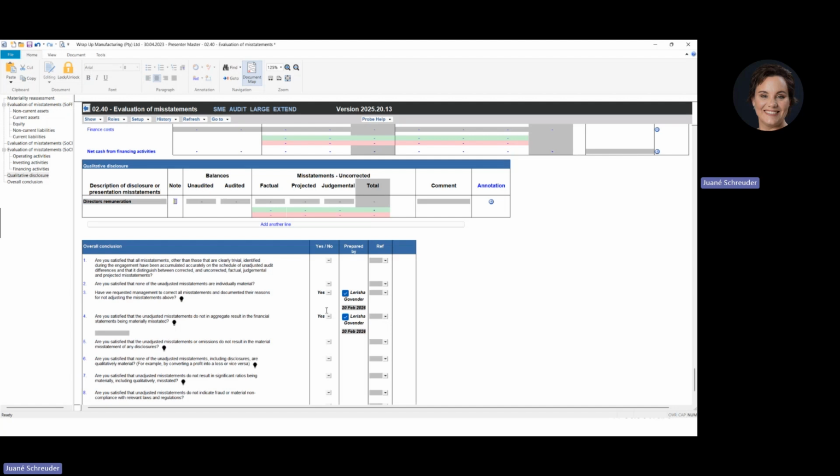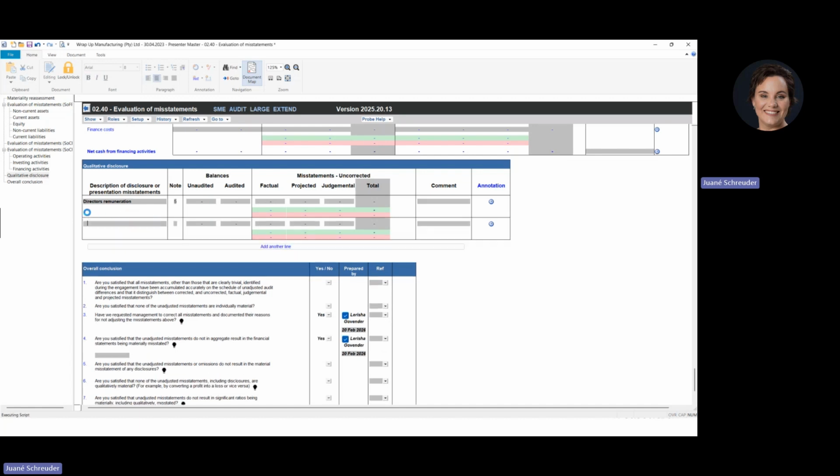What is the note number, whatever the number may be, and then actually document what is the problem. You can also use the comment field because oftentimes the balances as such are not necessarily going to show it to you. Let's say, for example, there may be another one that's maybe inventory, adding the other line.